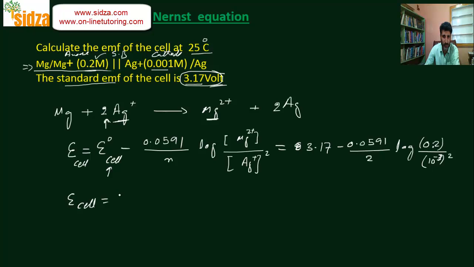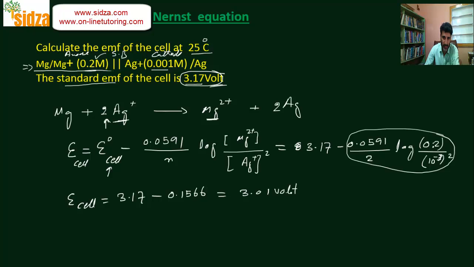Now the EMF of the cell will be 3.17, the standard EMF, minus, when you simplify this whole term, it comes out to be 0.1566, which is equal to 3.17 minus 0.1566, so almost 3.01 volt.